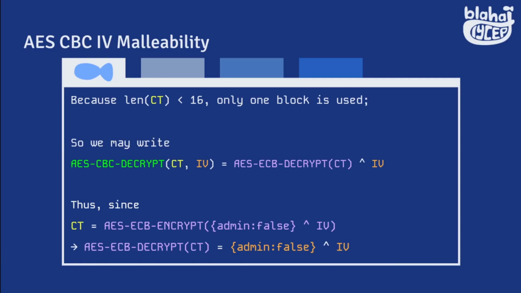And also the admin case only requires one block of ciphertext because it's really short. It only says admin true. Say CT1 is equal to ECB of PT1 XOR IV, right? Which means that PT1 is equal to the decryption of CT1 and then XOR with the IV.